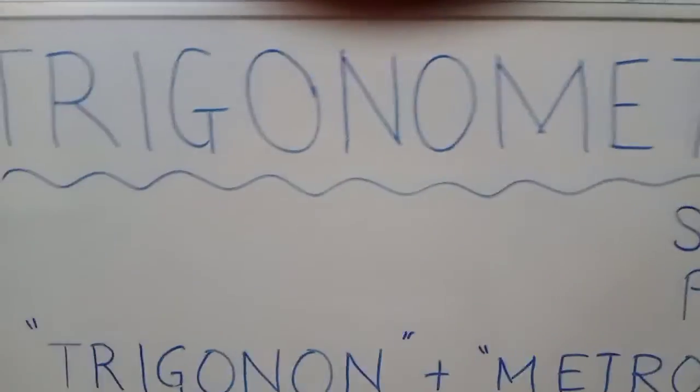Let us take a triangle which is right angled at one side, say B. So let me draw a big triangle here, ABC, right angled at B. Then I will start defining the basic ratios of trigonometry.